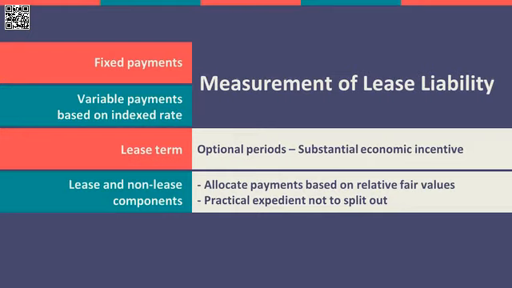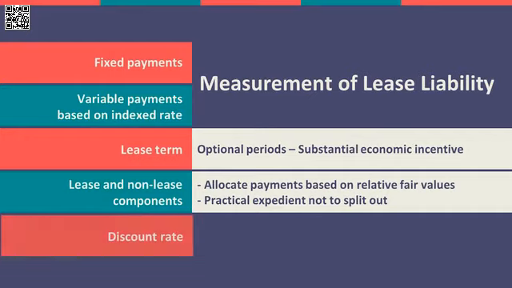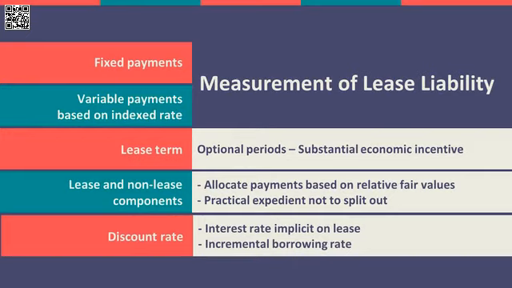Also, when calculating the lease liability, I mentioned that we calculate the present value of the lease payments, which implies we have to use a discount rate. Now, of course, in the exam, we may be told that the interest rate implicit in the lease agreement is, say, 5%. However, in reality, we may not have this information.